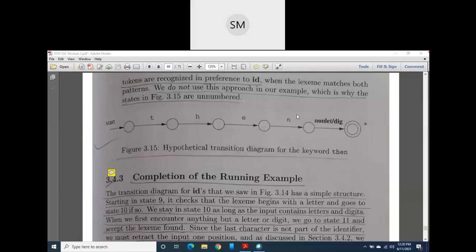If nothing is present, then THEN is a proper keyword. Otherwise, if after n there is an underscore or something, it will not be taken as a keyword. It will be considered a variable.